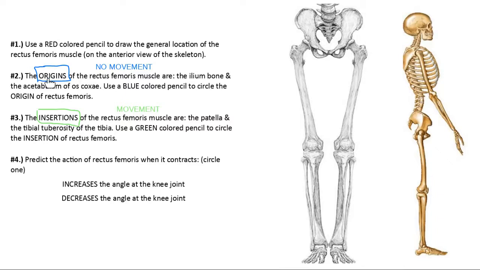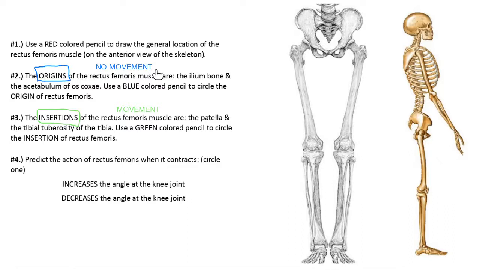So let's look at our list here. Rectus femoris has two origins, meaning two places it attaches where there's no movement. One of those places is on the ilium, and one of those places is the acetabulum. Now here's where you might have to refer back to last week's packet. Remember that the acetabulum was that big indentation where the femur fit into the hip bones.